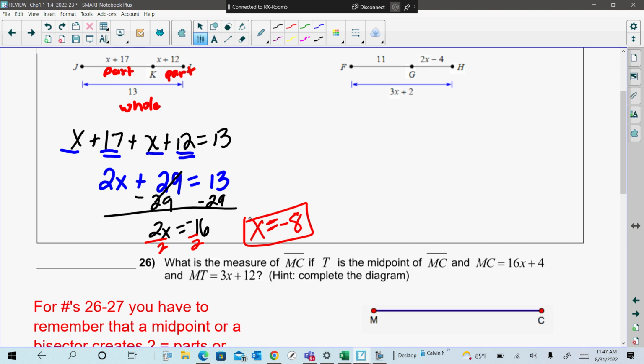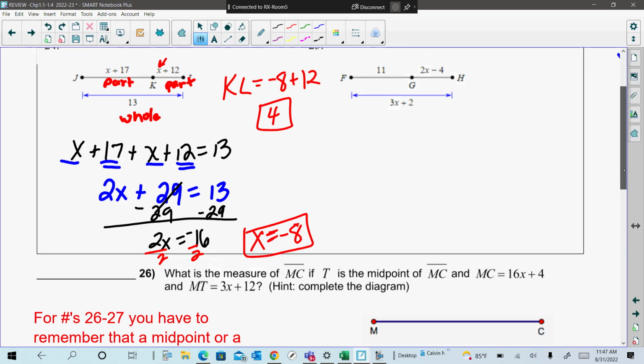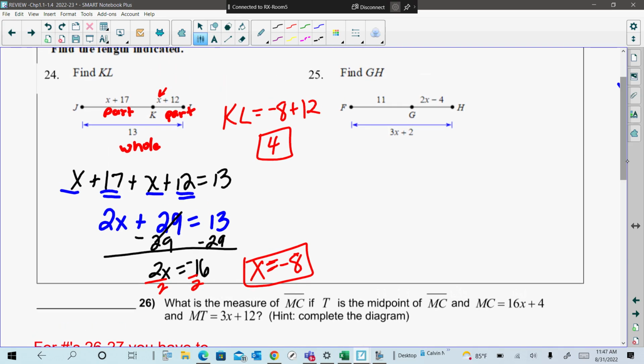So they want us to find KL. To find KL, I'm plugging this back into my expression x plus 12, sorry, which is negative 8 plus 12. And then that comes out to be positive 4. Okay. So I will check your 25 here to make sure we can get to the x. You have to get the x before you can get the segment. All right.